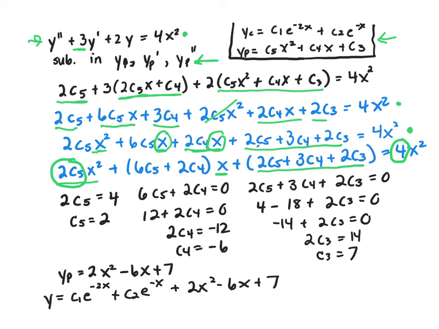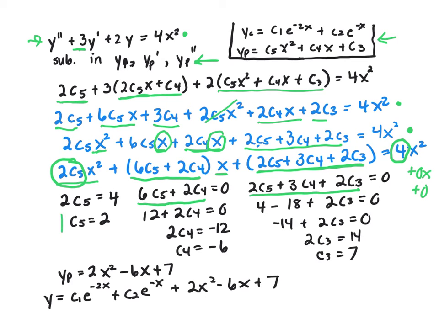So 2c5 equals 4, and c sub 5 equals 2. This one has got to equal 0, because over here you could write it as plus 0x plus 0. There's nothing on the right-hand side that has an x. So that means 6c5 plus 2c4 is going to equal 0. And also my constants have got to equal 0.